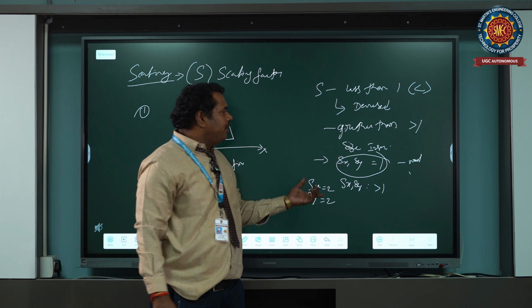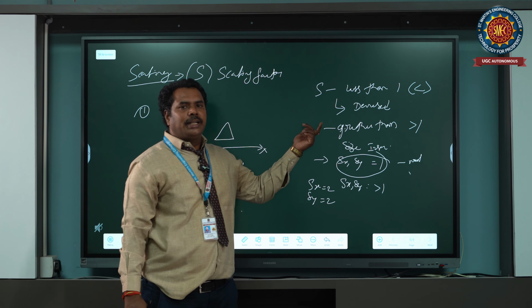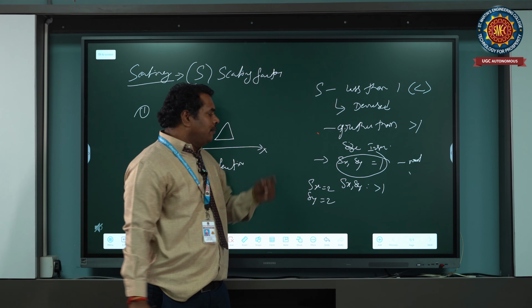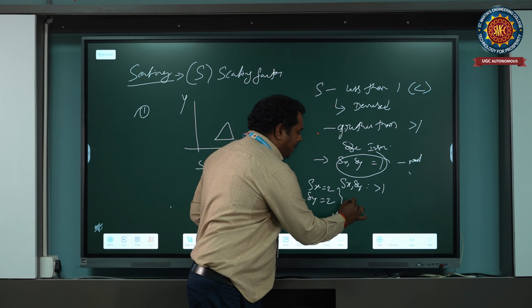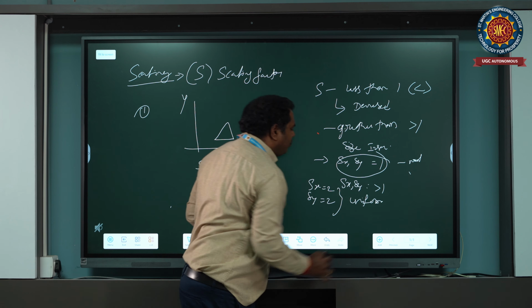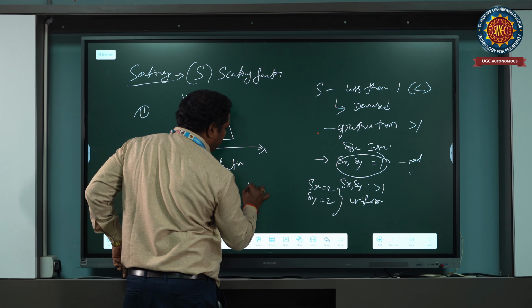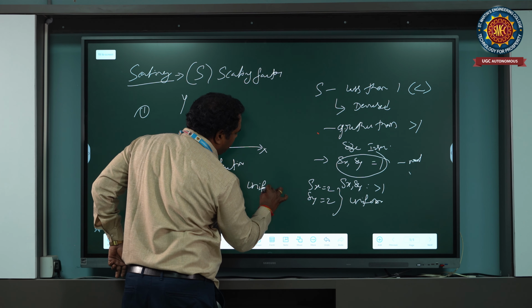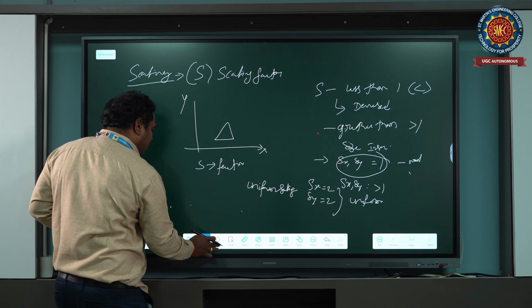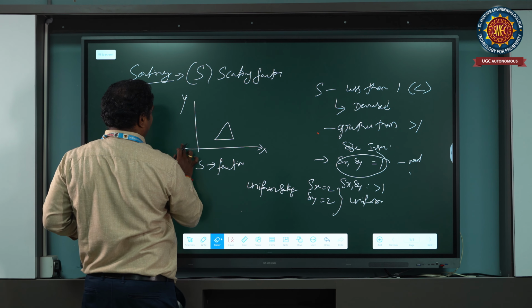Here you have to verify the condition: it is greater than 1, so automatically the object is going to be increased. This situation we call uniform scaling.